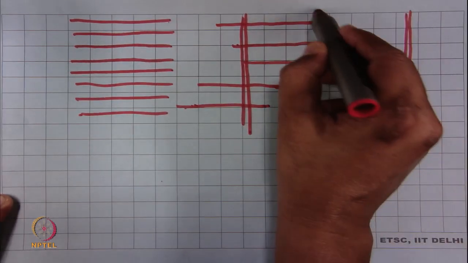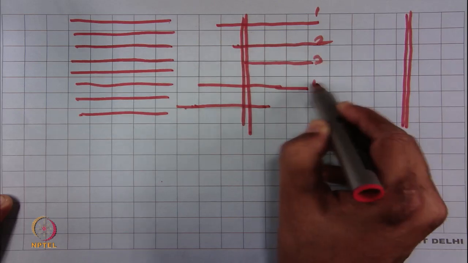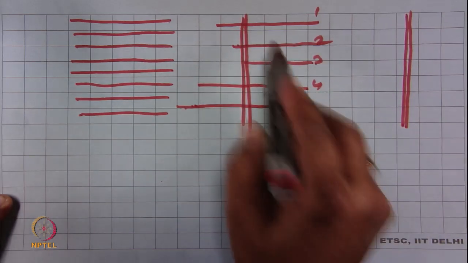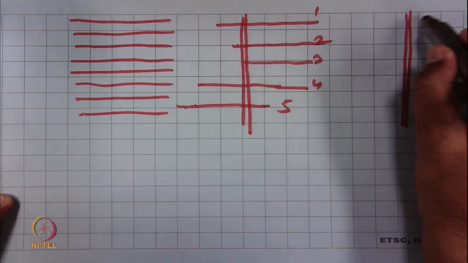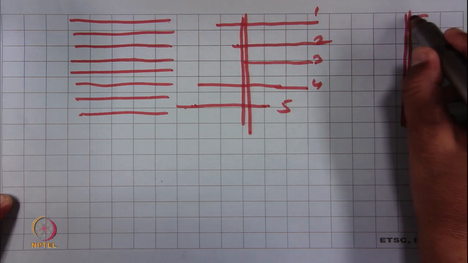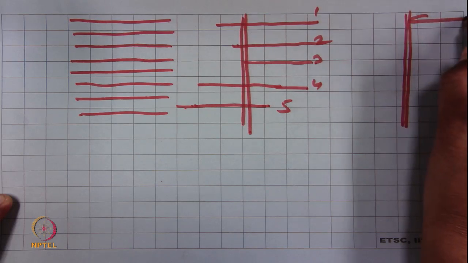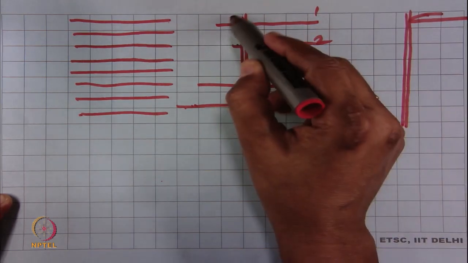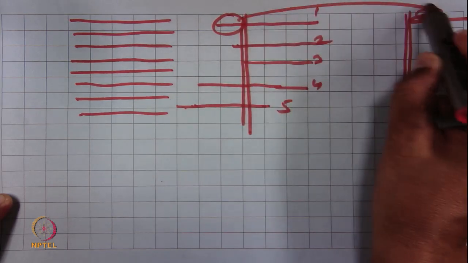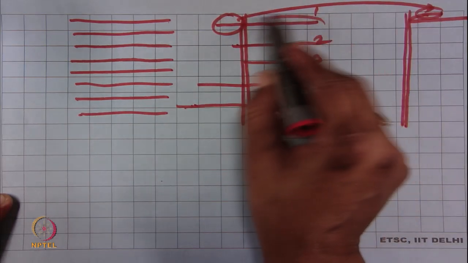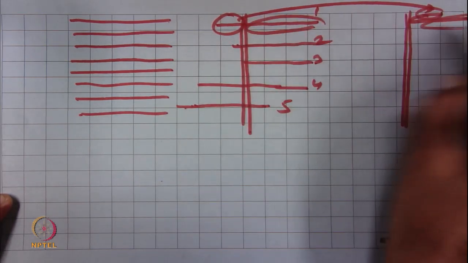Now, after that, there are fibers 1, 2, 3, 4, 5. Fiber 1 will get folded in the clamp. Due to its flexibility it will form a loop like this. This portion comes here, and this portion remains here, the longer portion.